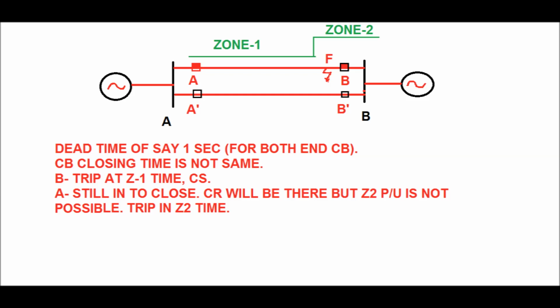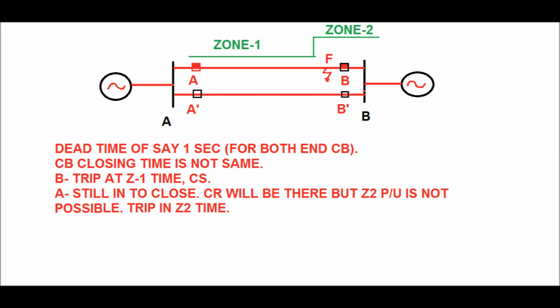The A end substation trips the breaker after complete closing of the circuit breaker at Zone 2 time. Therefore there will be an unwanted delay in tripping of the circuit breaker. That is why trip on reclose, or TOR trip, is given in distance relay features whenever a faulty line is closed on auto reclose.